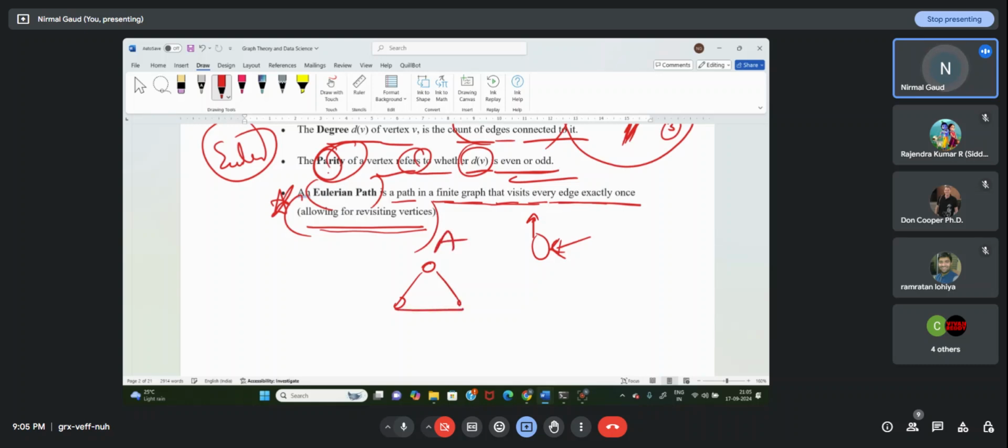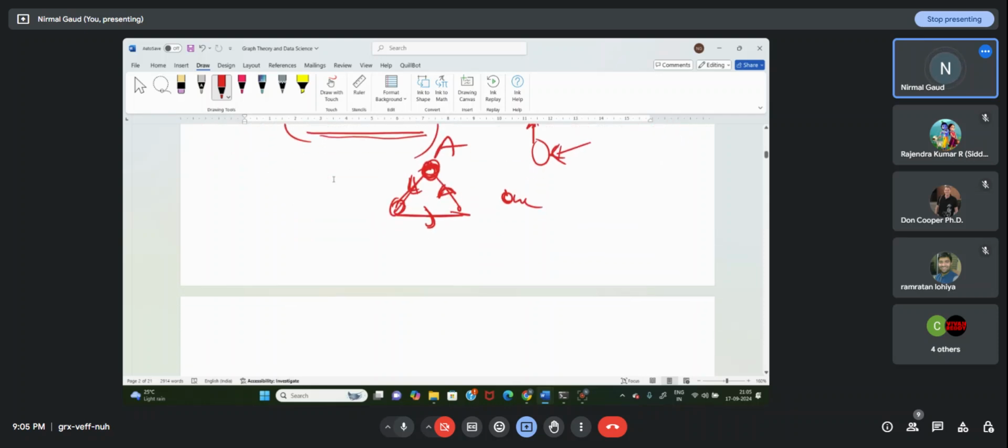If I start from here, I go to here, I go to here, and I come back here. So I'm revisiting my initial vertex, and I traversed each and every edge once. That's what it told, right? Edge should be once. However, you can revisit your node or the vertex. This is a Euler path.